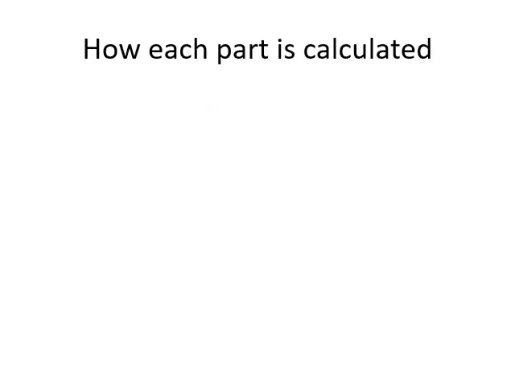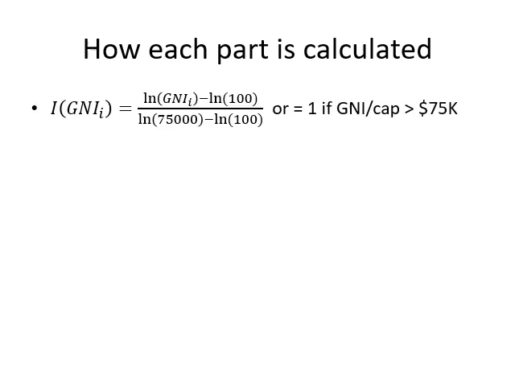All right, before I go to the calculation video, I just want to walk you through the three different indexes that are included in this. The first thing is about income. For income, we're comparing to what we're calling a min and a max.